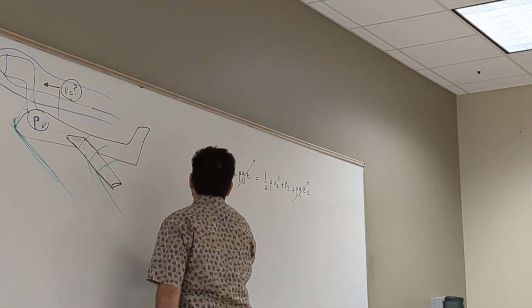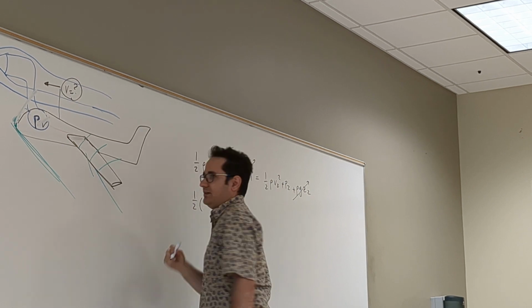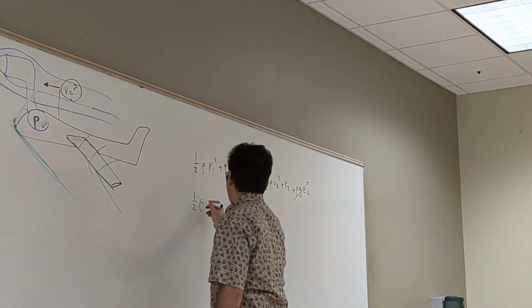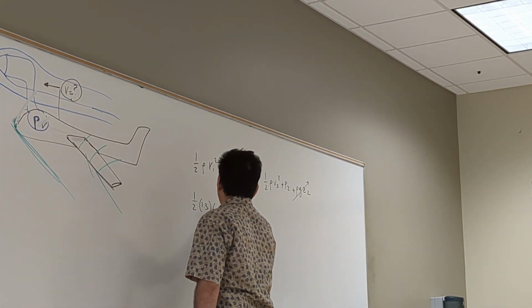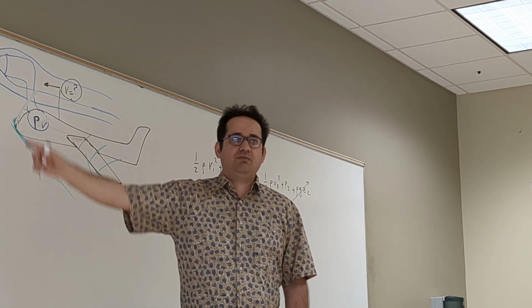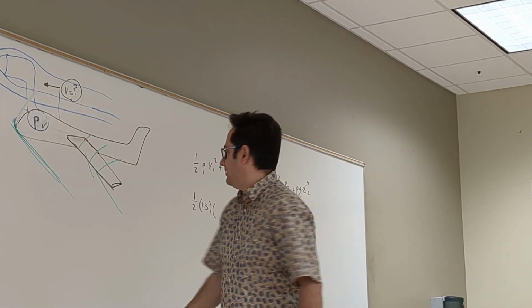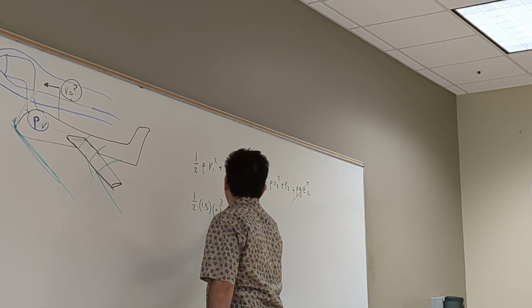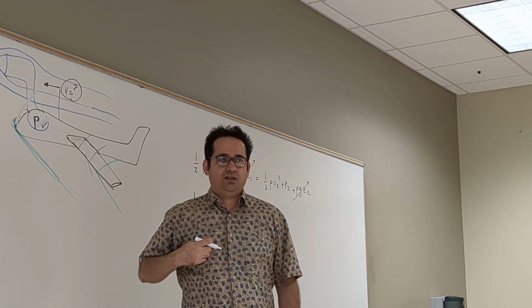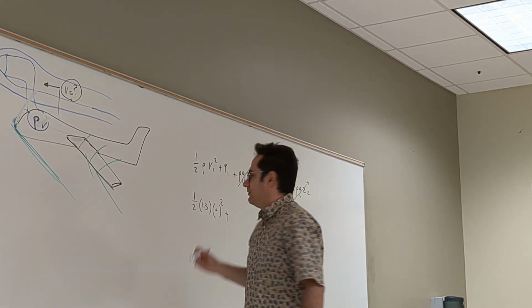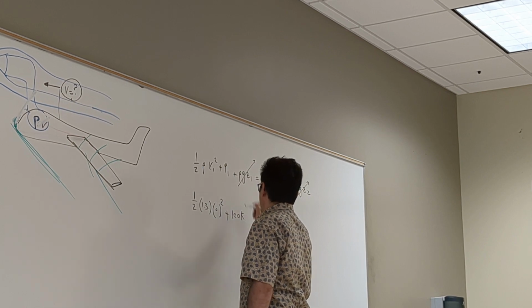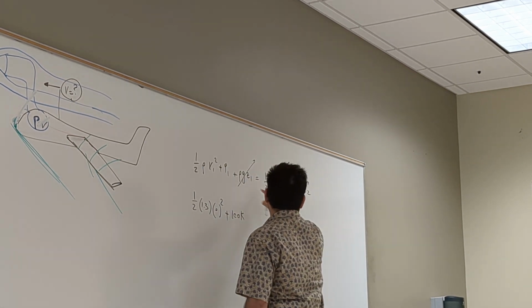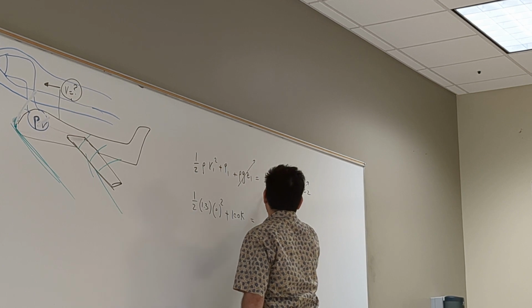You have 1/2 rho infinity, 1.3, times V at infinity. What's the V at infinity? 0. Squared, plus P at infinity, 100 kPa, right? And this term cancels out.